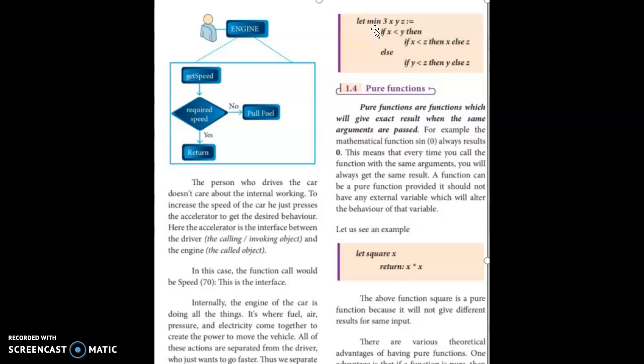If x is less than y, then if x is less than z, x will be returned. Else, since x is less than y, we give if y is less than z, then y, else z, so y is returned. So this minimum of 3 numbers function is given. Here we find whether x is minimum, y is minimum, or z is minimum. Thank you. We will see the pure function in the next class.